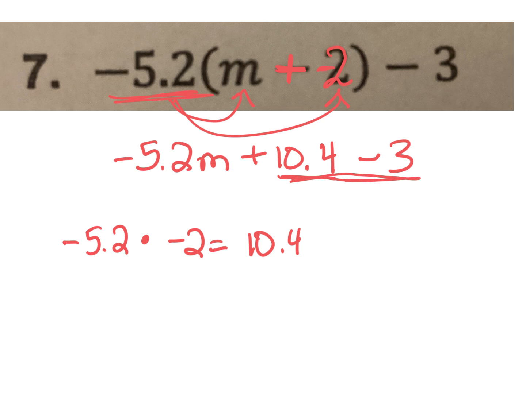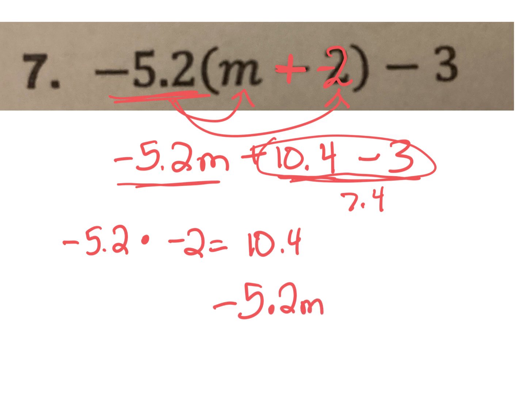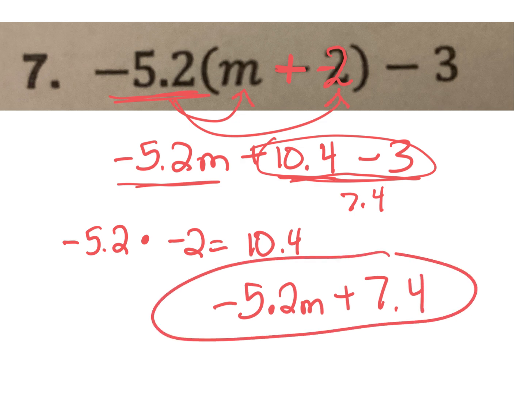That's going to get me a 7.4. And then, so that's those two. And then I have this negative 5.2 m. So I bring down the negative 5.2 m, and I add it to this positive 7.4. And that right there is my answer.